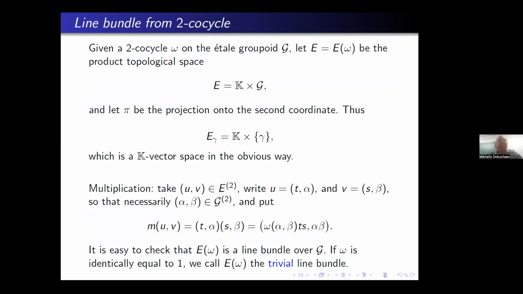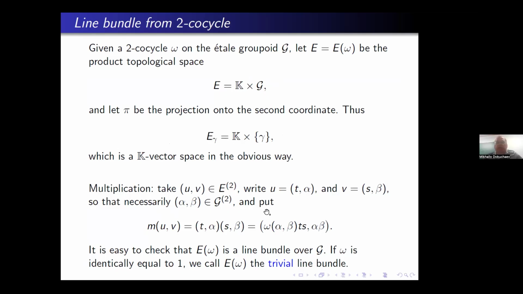Now, given a continuous two-cocycle over a groupoid, we can construct the field bundle. We just take the product topological space, and pi will be the projection of this on the second coordinate. So each fiber will have this form. Of course, it's obviously a K-vector space in the usual sense, and the multiplication is given as expected.